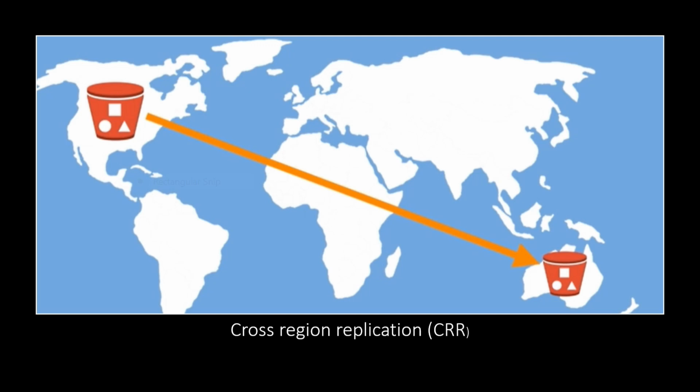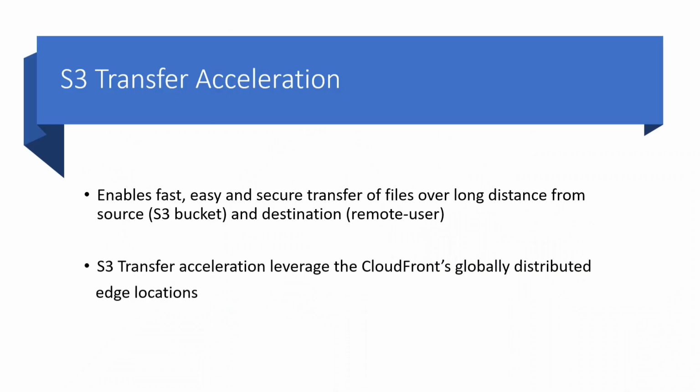Versioning also needs to be enabled in order to use cross-region replication. Once I have enabled it, whatever data is in my S3 source bucket will get replicated to my destination, which is in Sydney. So there will be multiple copies or replicas of our data in S3 that can be accessed using the cross-region replication feature.